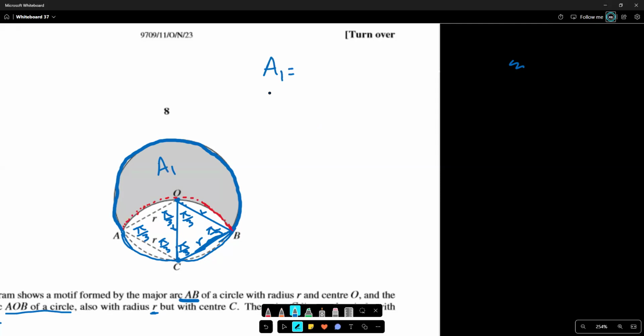we are basically going to look for the area of the entire circle, which is A circle, we can say big circle, minus the area of AOBC, right? AOBC, we need to minus that.